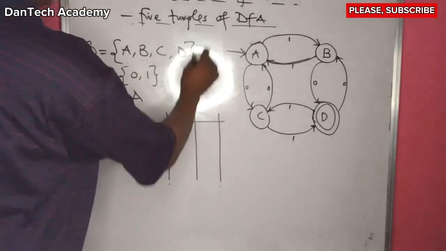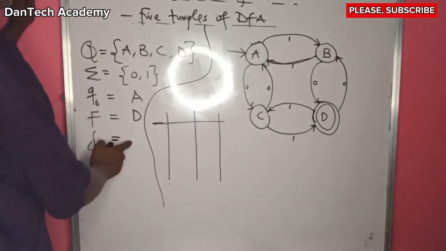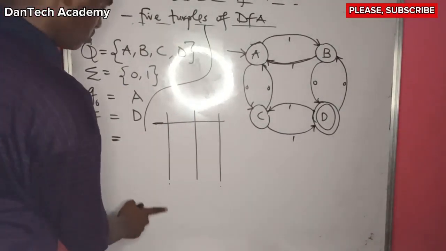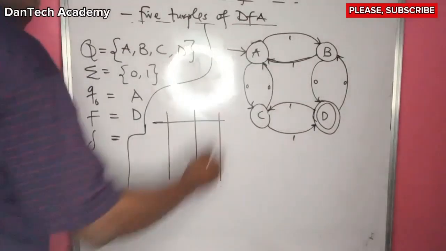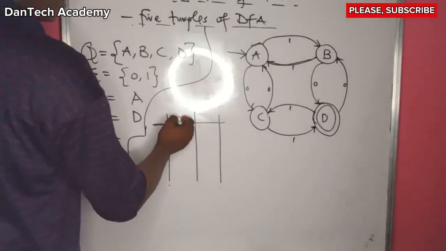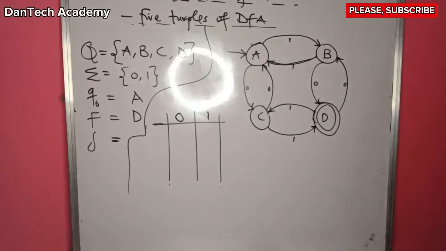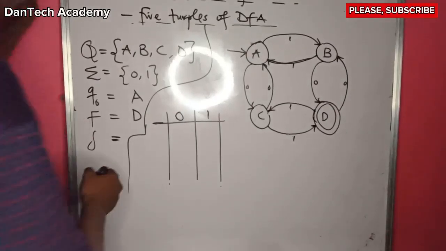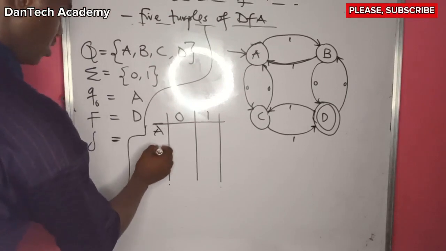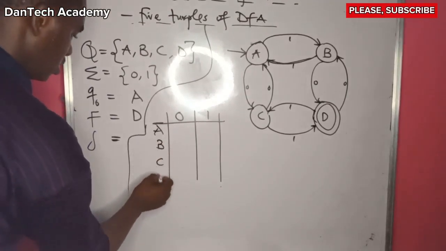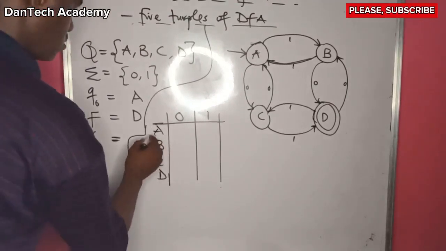We want to use a transition table to get this transition, using this diagram. So we have 0, our input, and 1. 0 and 1 inputs. And what are the states there? We have A, B, C, and D.